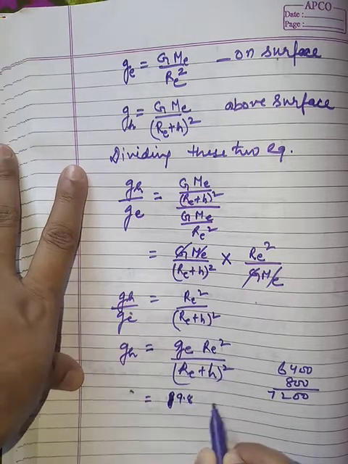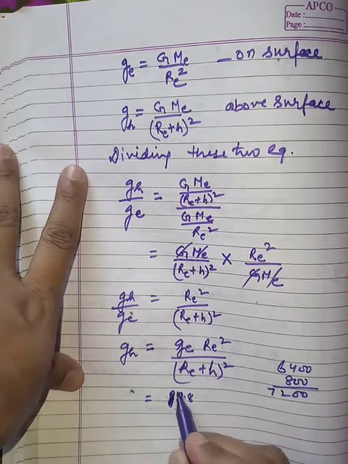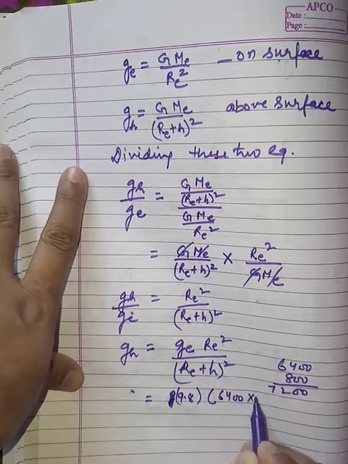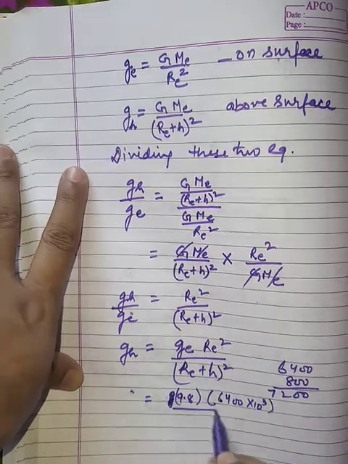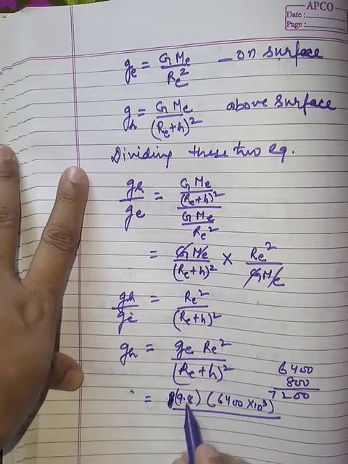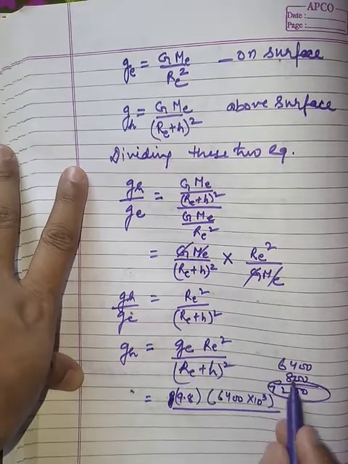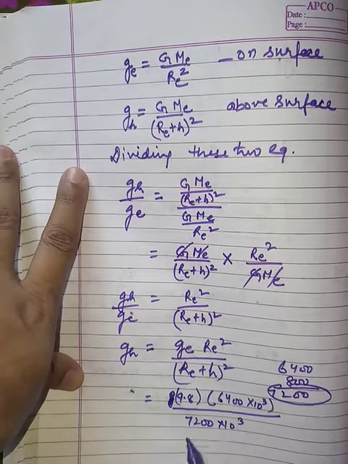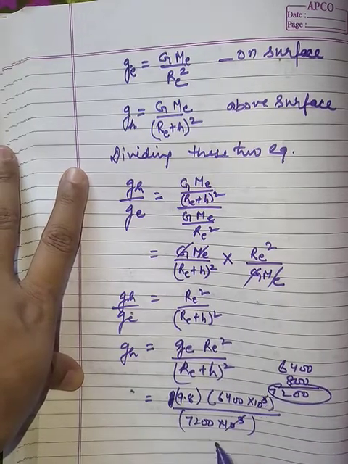So this is 9.8, this is 6400 multiplied by 10 raised to power 3, converted from kilometers into meters. And this is 7200 multiplied by 10 raised to power 3. So it will cancel over here.